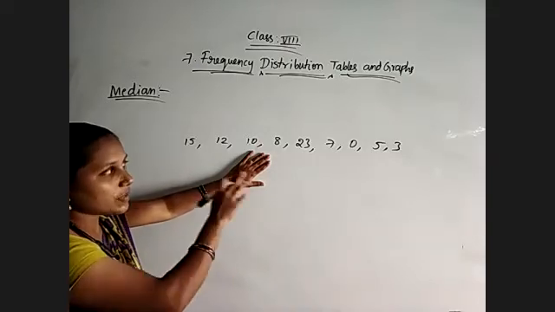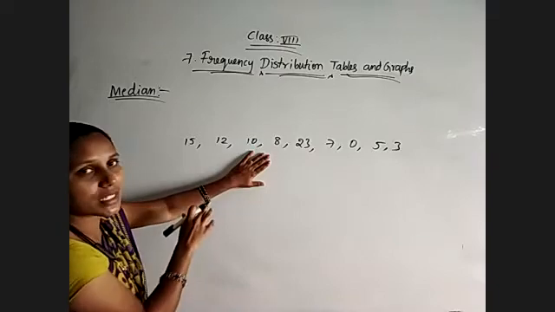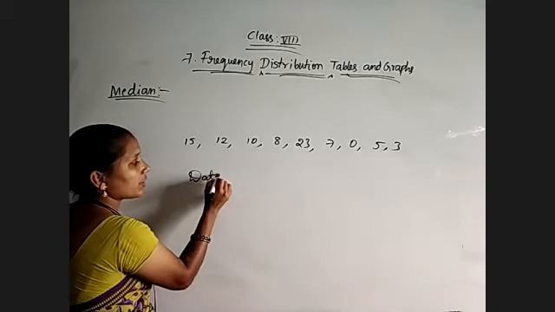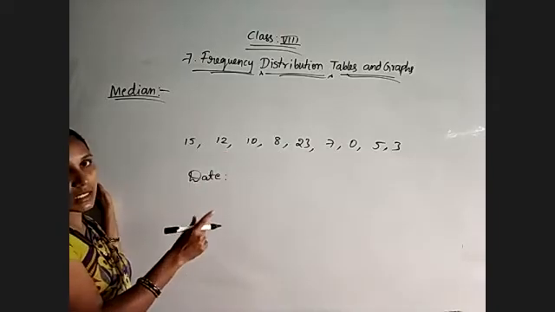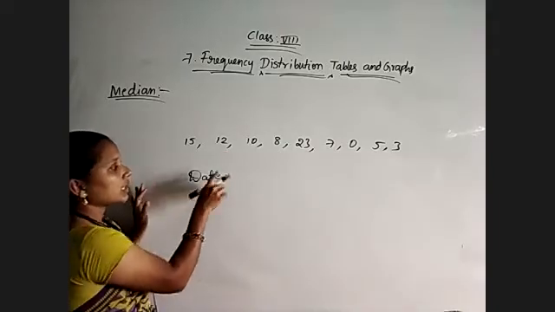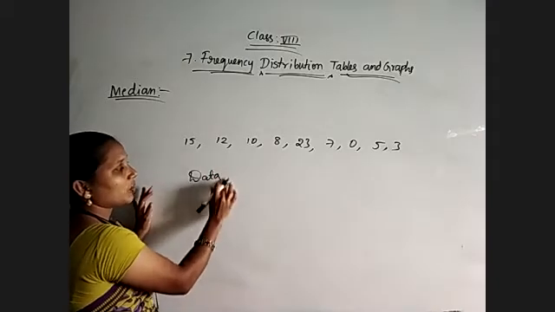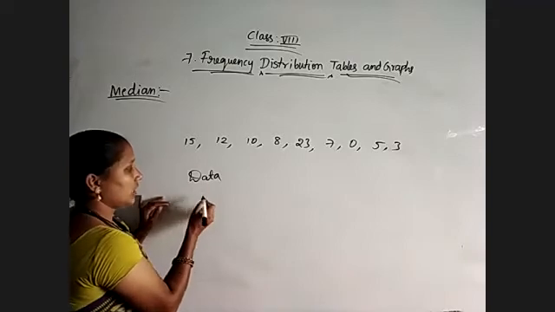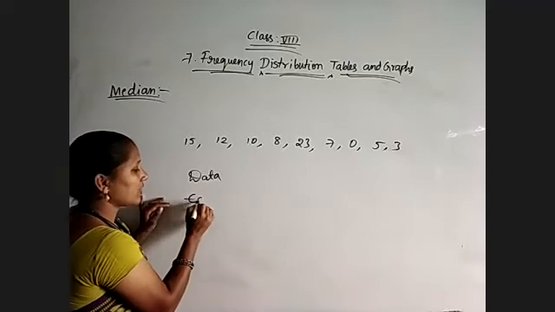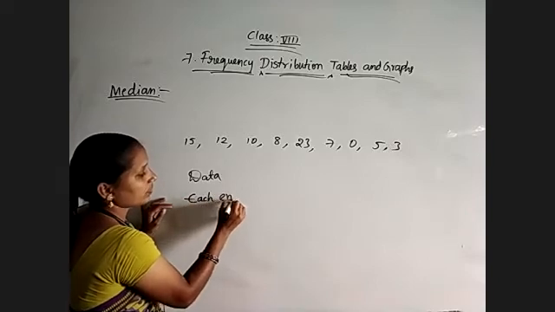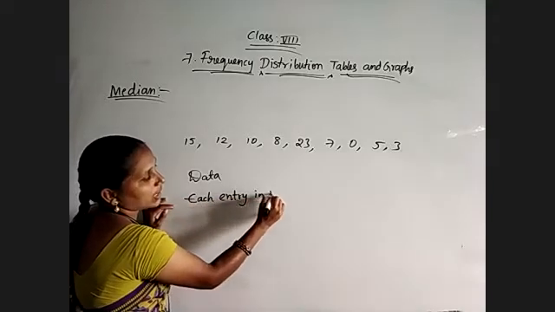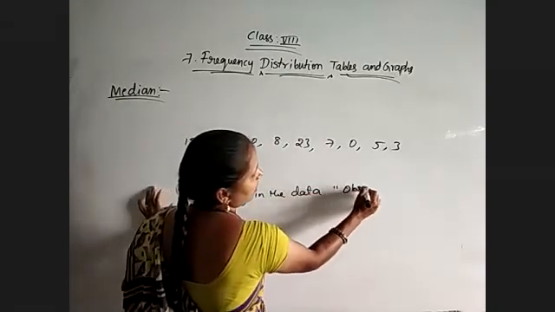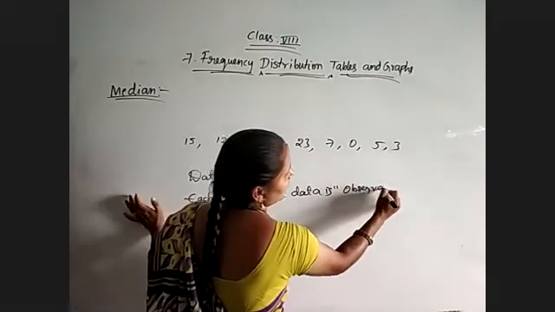The difference between the highest observation and the lowest observation is known as range. Data means a collection of information, which may be numbers or words. Collection of information is known as data, and each entry in the data is known as an observation.